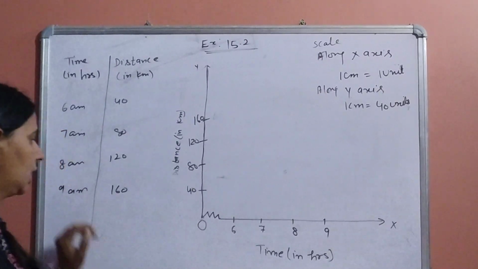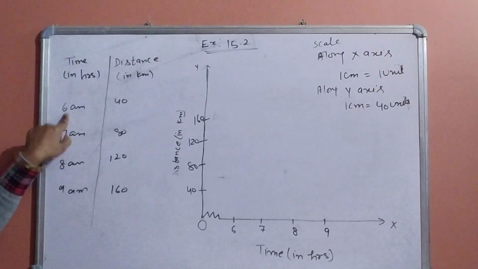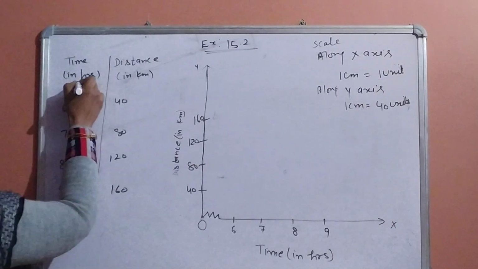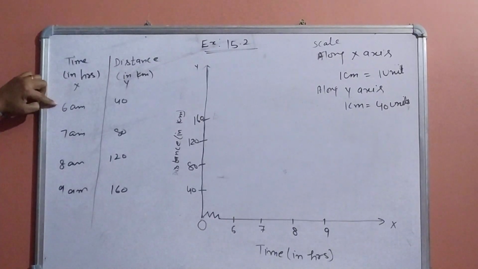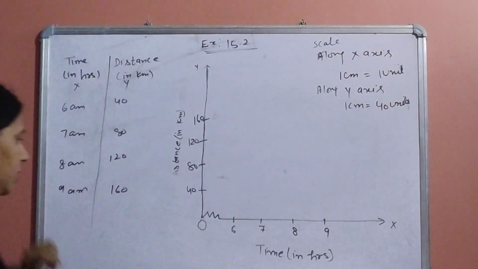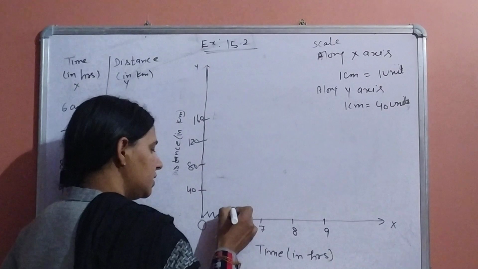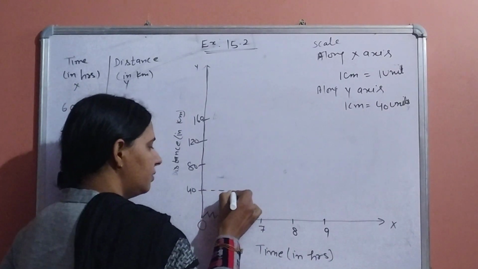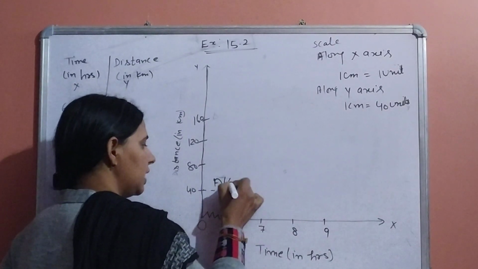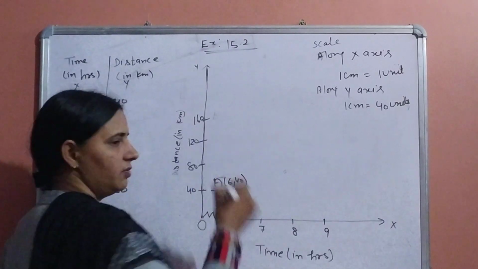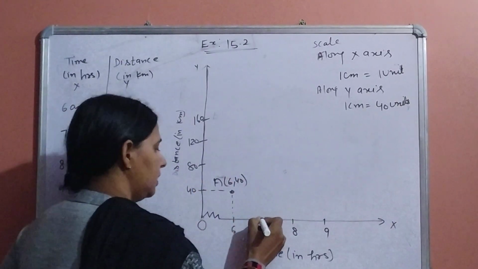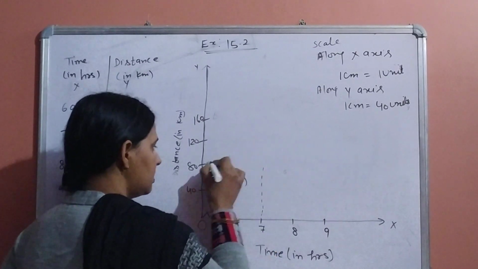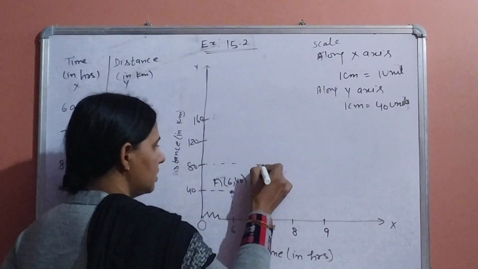Now draw the points. First, time we are taking on the x-axis, so this is x and these are the values of y. When x is 6, y is 40. So this will touch the x-axis at 6 and y at 40. So this is the first point A, (6, 40). While we write coordinates, first we write x and then y. Then when x is 7, y is 80.